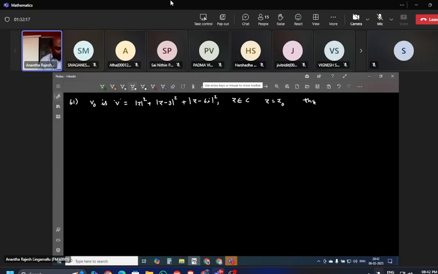Then find mod of 2z naught square minus z naught bar cube plus 3, whole square, plus V naught square. That's it.